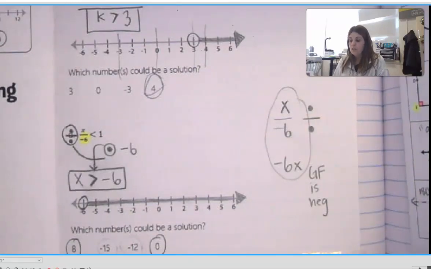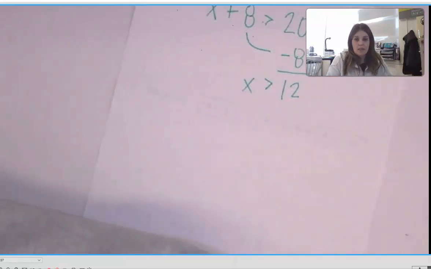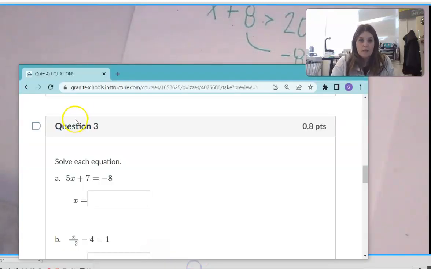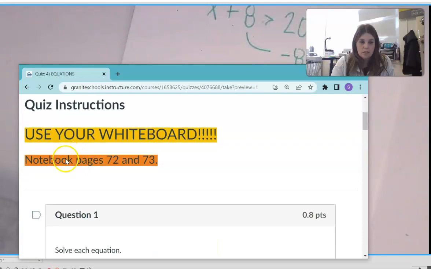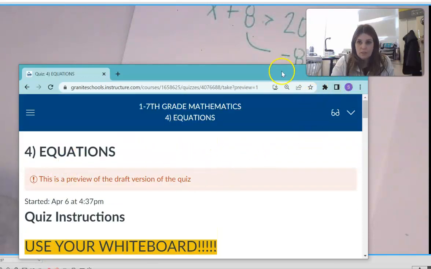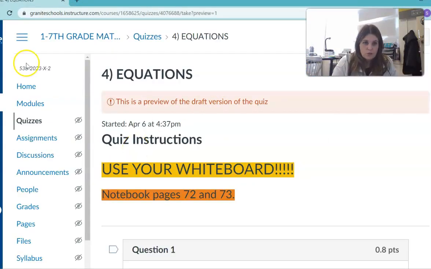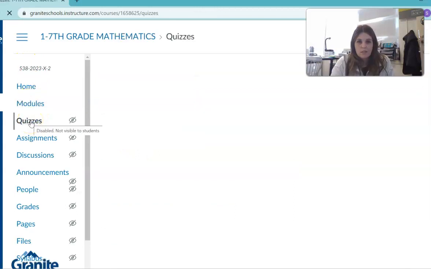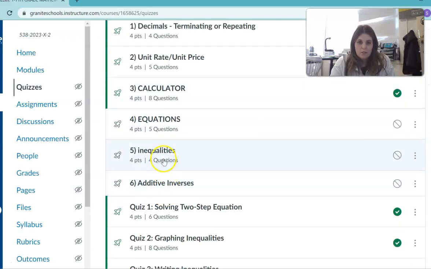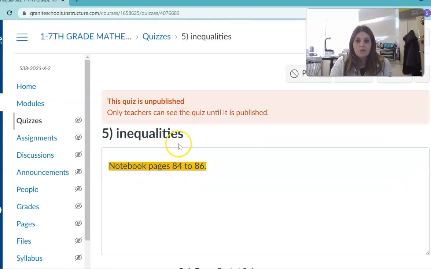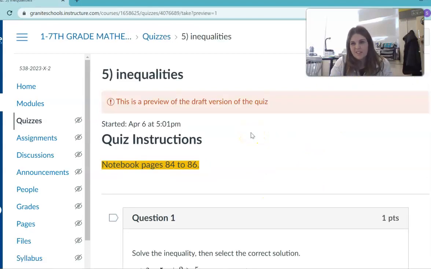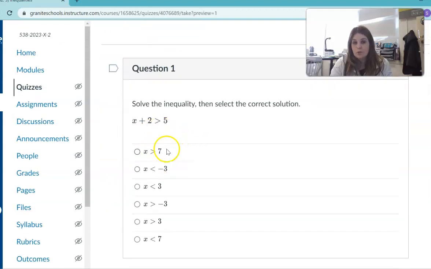So you're going to go through on today's quiz, and I don't think that I'm on it, but I can pull it up very quickly. Maybe. Let me see. So sorry. If I go to quizzes, you guys don't have these buttons, only I have these buttons. So if I go to the inequalities quiz, in this quiz, this is one of the only ones that is multiple choice.